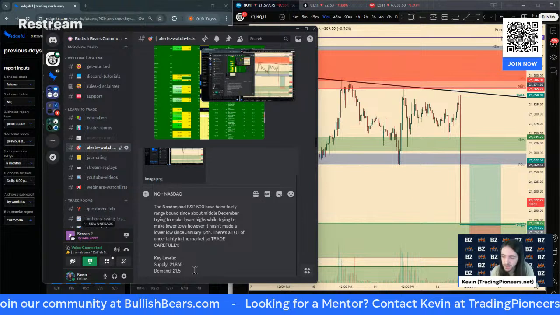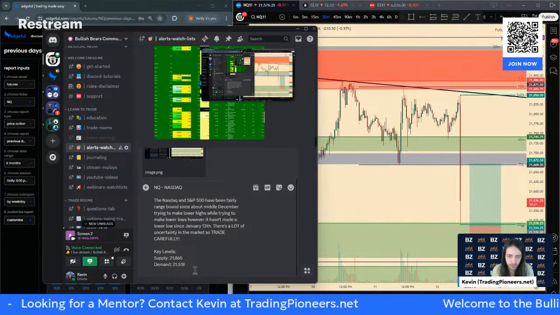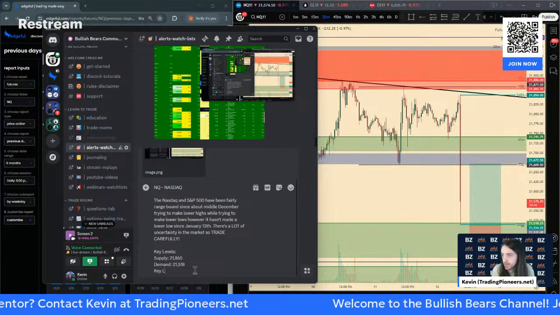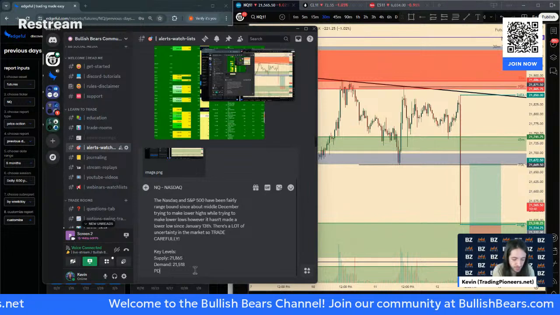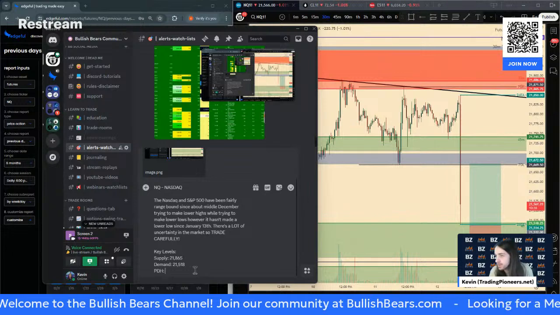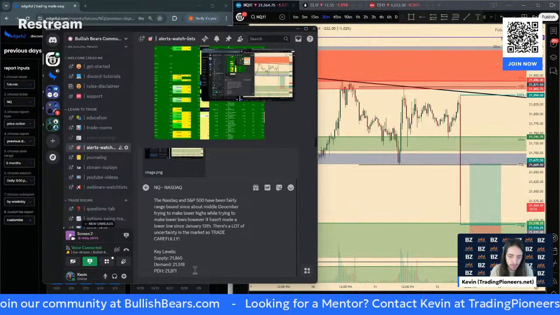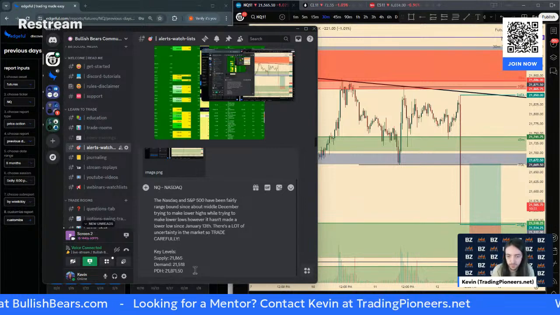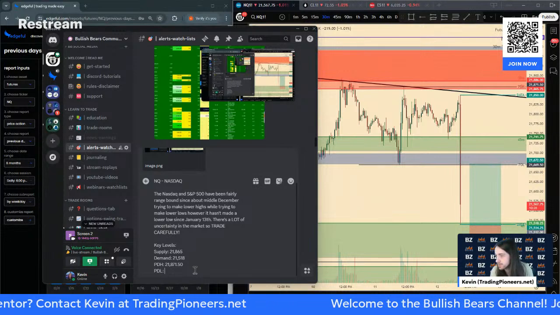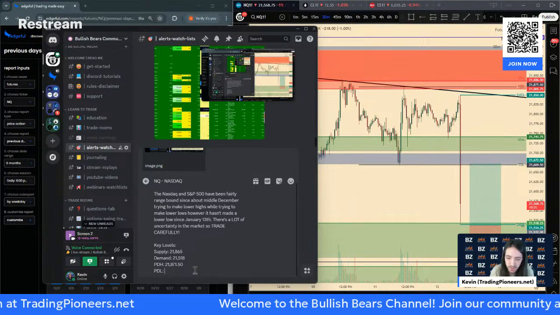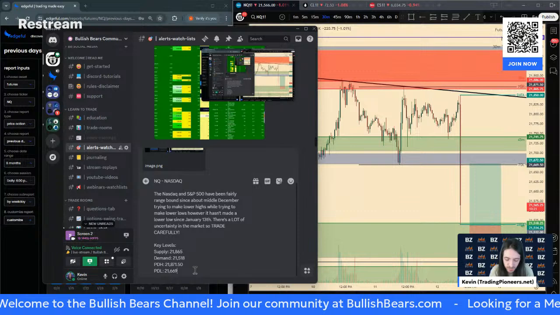Demand 21.5. Is that 18? 18. Key levels again. Previous day high: 21,871.50. Previous day low: 21,669.50.